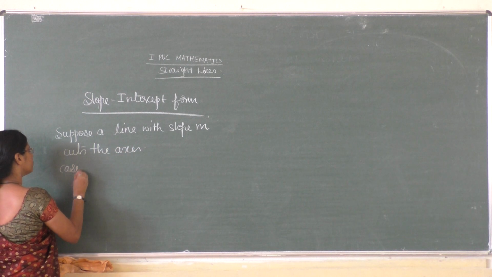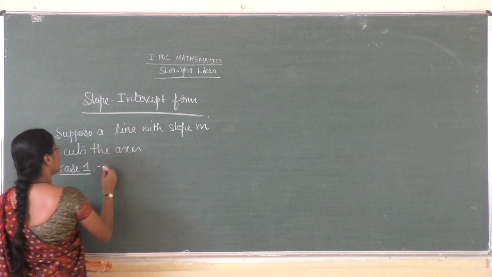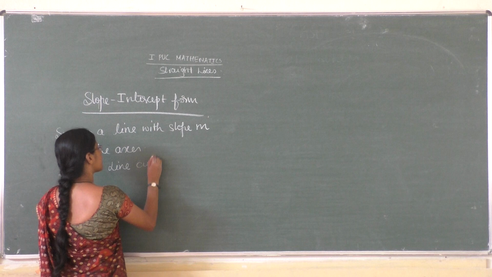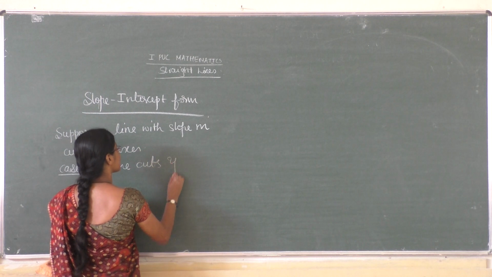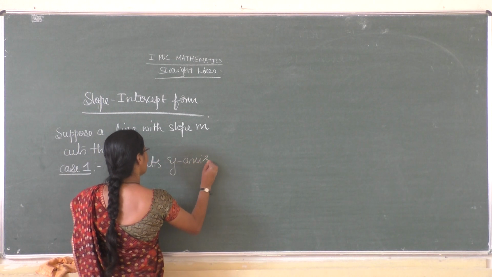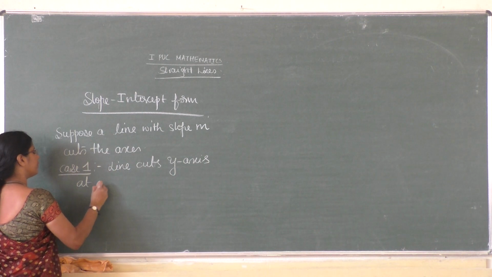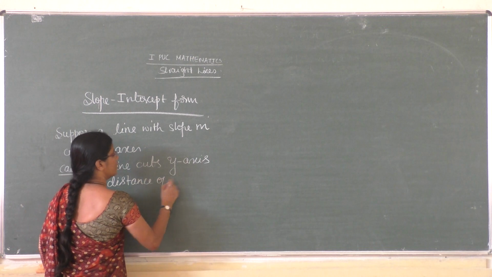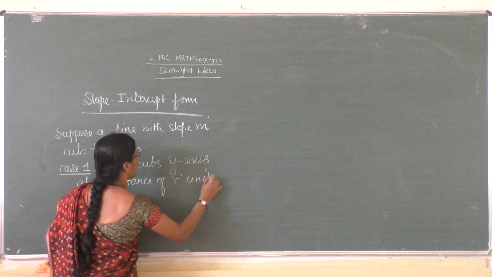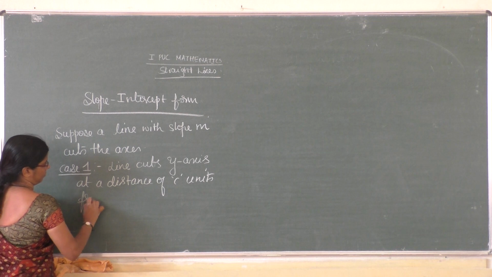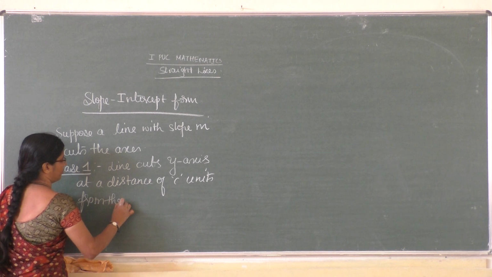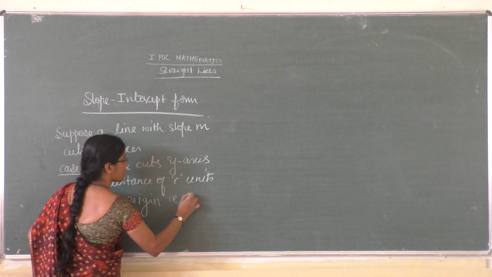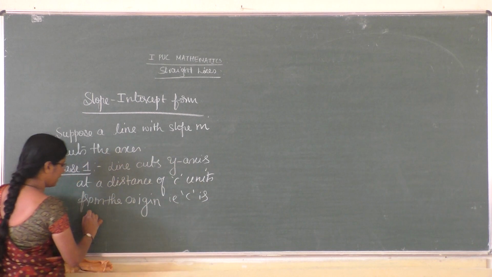Case 1, line cuts y axis at a distance of c units from the origin. That means C is y-intercept.